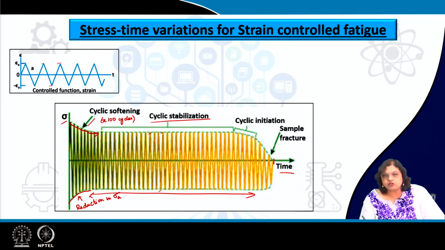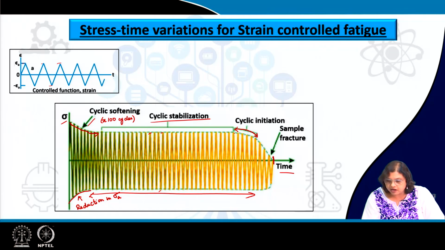Now, near the end, if we are doing this for many cycles, there is damage accumulation happening at every cycle, and since this is plastic deformation, the damage accumulation is happening at a faster rate. That is signified here, where you can see a continuous reduction in the stress level until it fractures.